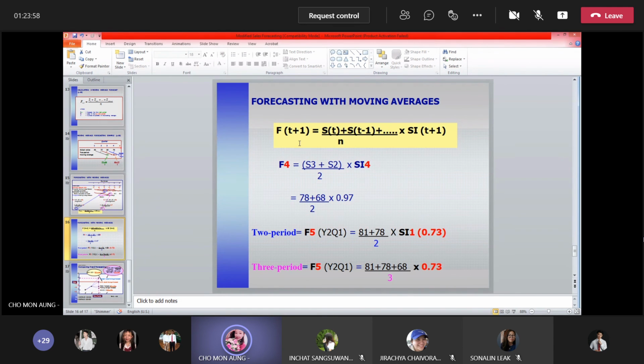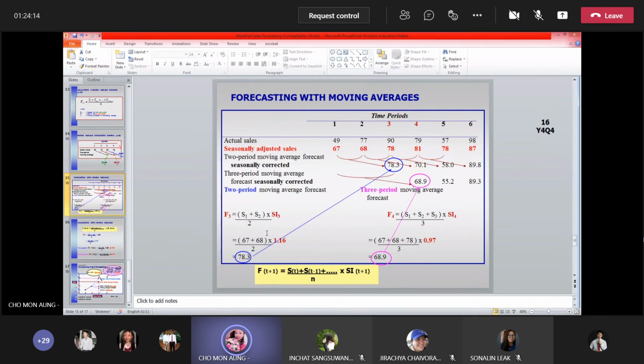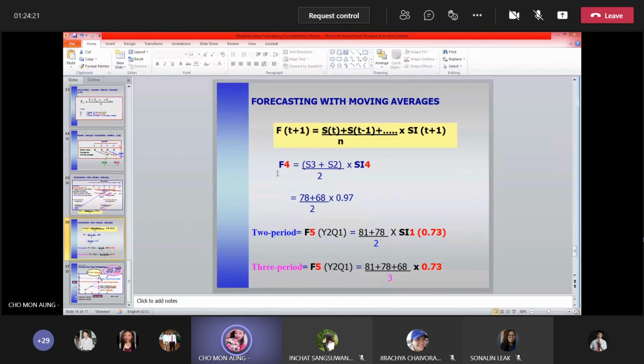When we use moving averages and when we use deseasonalized sales data, we multiply by seasonal index of the forecast period. So just now we saw already that 2-period moving averages for period number 3 is multiplied by seasonal index of quarter 3. So when we want to estimate for period number 4, then we multiply by seasonal index of quarter 4. This is 2-period moving averages.